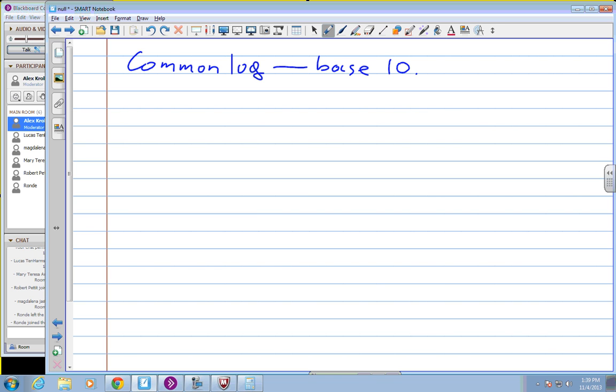Just like with the square root, you don't write a little 2 in the radical sign. With logarithms, if it's base 10, we don't even write base 10. So every time you see an expression like log of x, that really implies log base 10 of x. We don't write that base 10. Every time you see a log without a base, base 10 is implied.